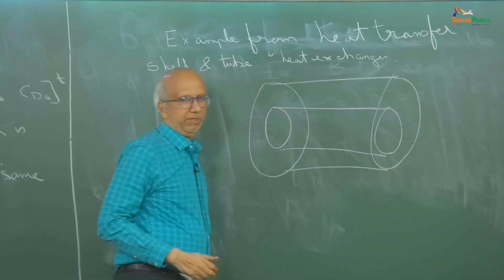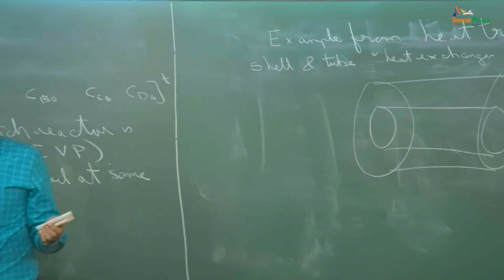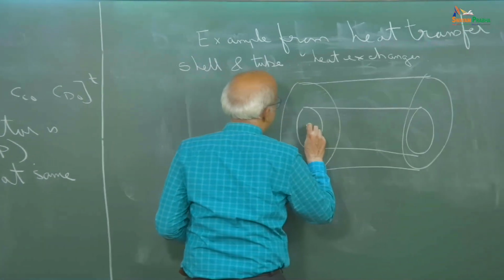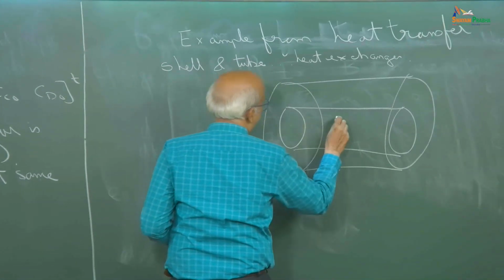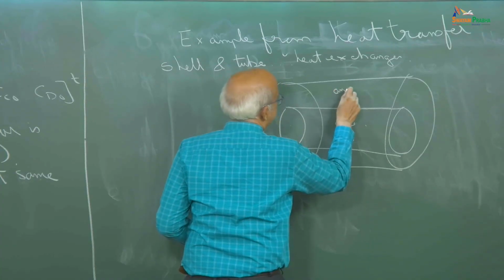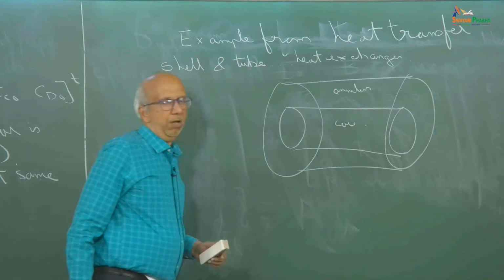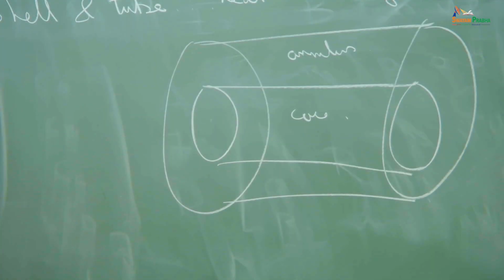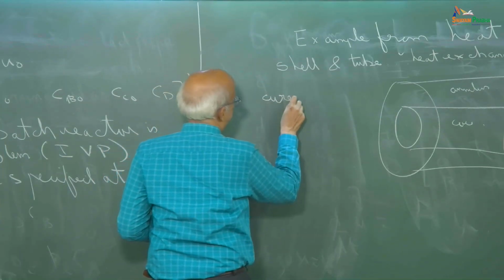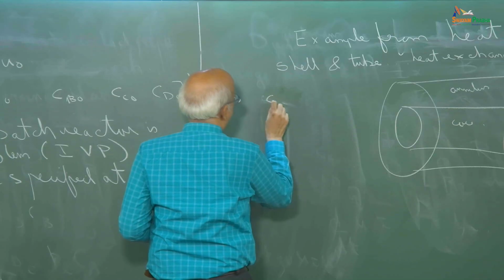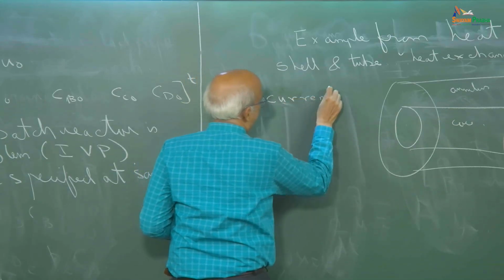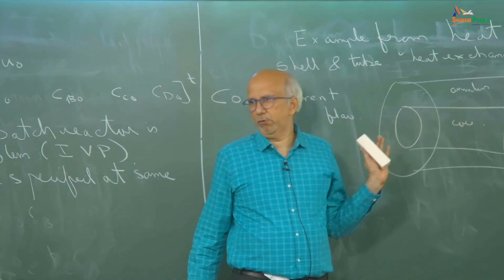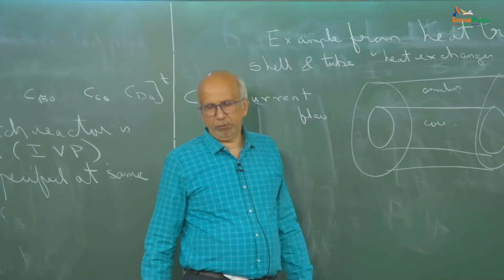So these are basically two concentric tubes, they do not look concentric, but they are concentric. This is your core and this is your annulus. What we have is a situation where let us talk about co-current flow. So both the hot fluid and the cold fluid are flowing in the same direction.